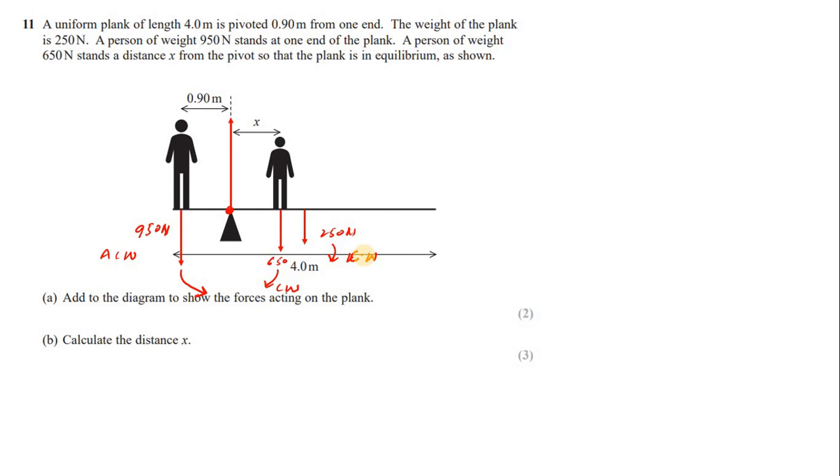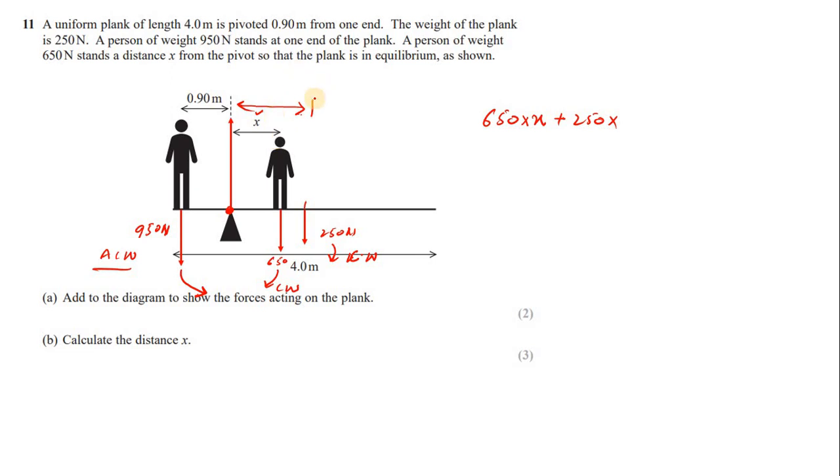Let's equate: the sum of clockwise moments is equal to the sum of anti-clockwise moments. We have 1 anti-clockwise and 2 clockwise moments. So you can say that 650 times pivot distance. The pivot distance for 650 is x. That's what we need to find. Plus another clockwise moment, which is 250 times the pivot distance, and we need that distance, remember.